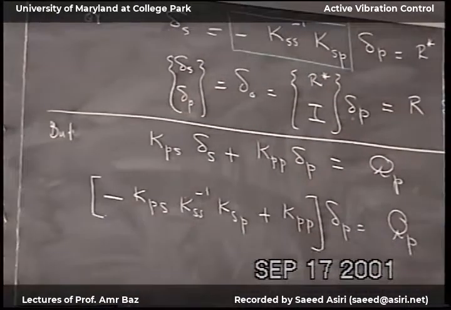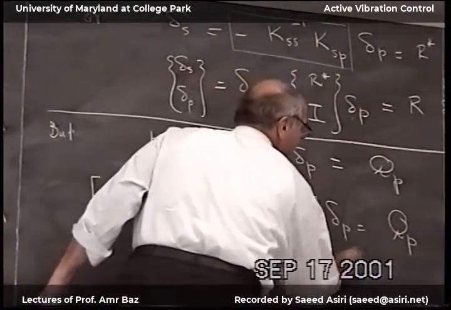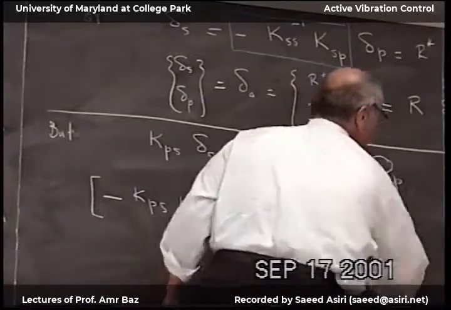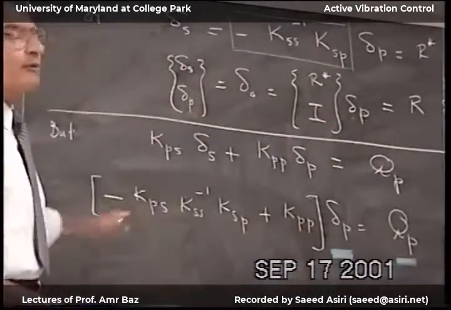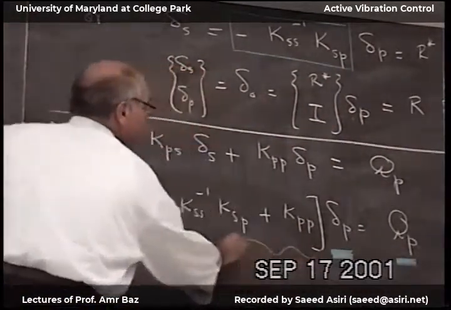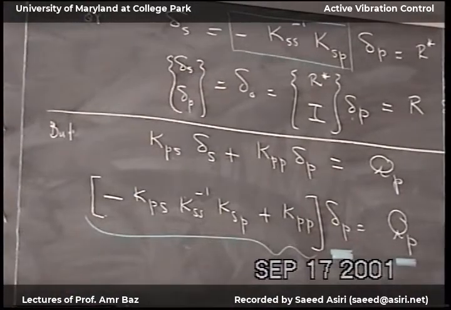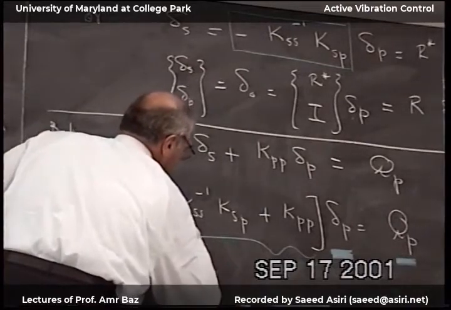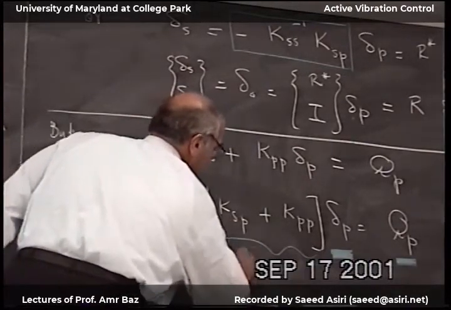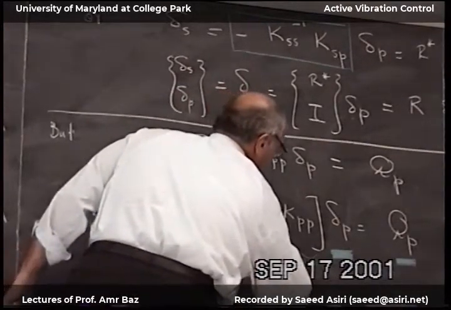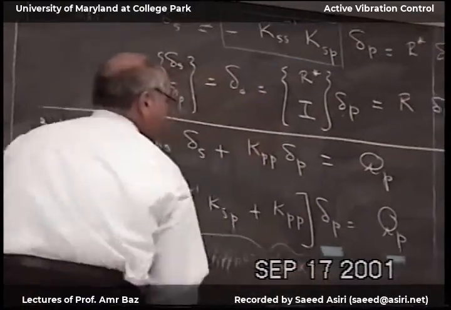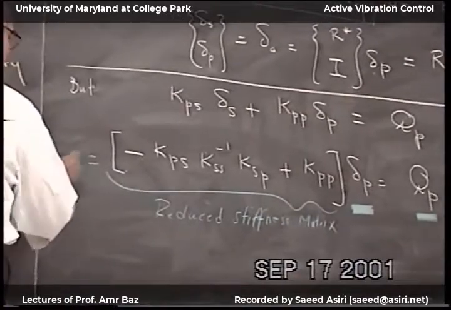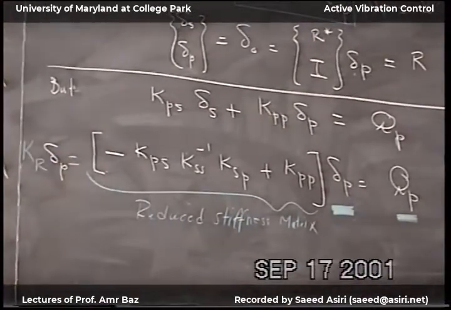And then now I relate the primary degrees of freedom to the applied load on them, and the constant of proportionality is the reduced stiffness matrix of the system. And I'm going to call this K reduced delta_P.